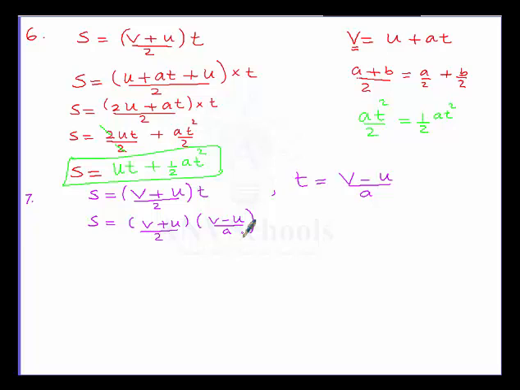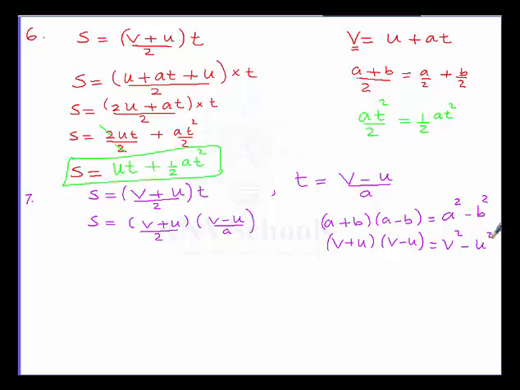Now, from our mathematics background, we know that if we have a plus b multiplied by a minus b, the same expressions except that one is plus and the other is minus, this is called the difference of two squares. This is the same as a square minus b square. In the same way here, v plus u multiplied by v minus u can be written as the final speed square minus initial speed square.